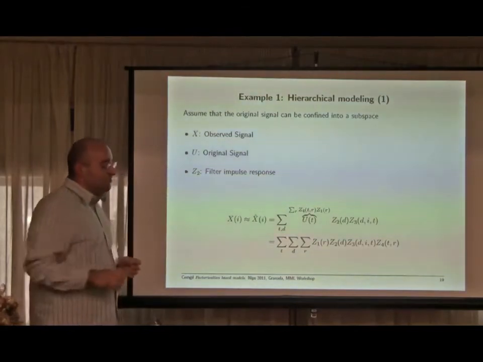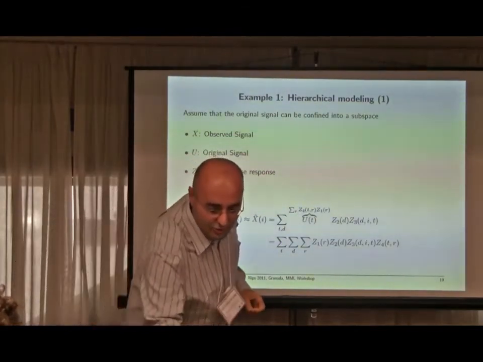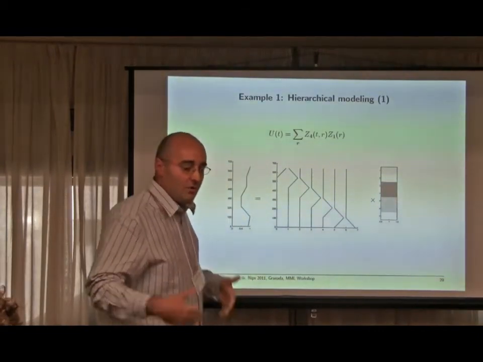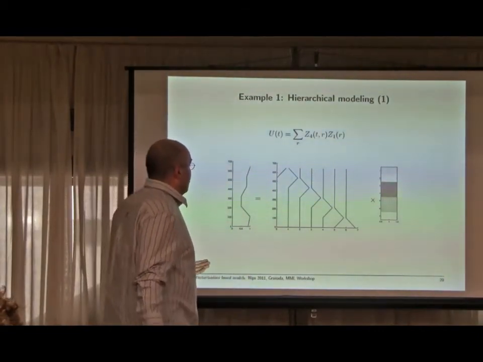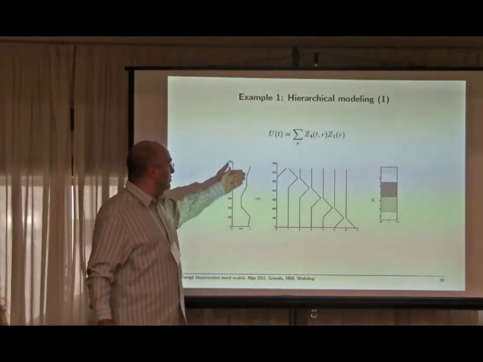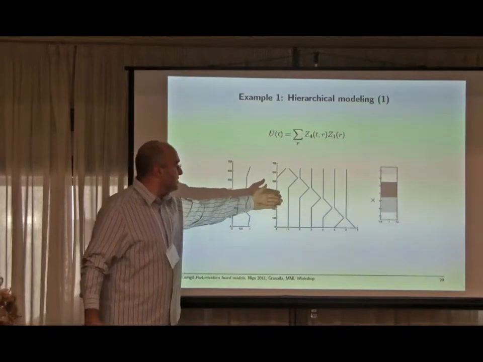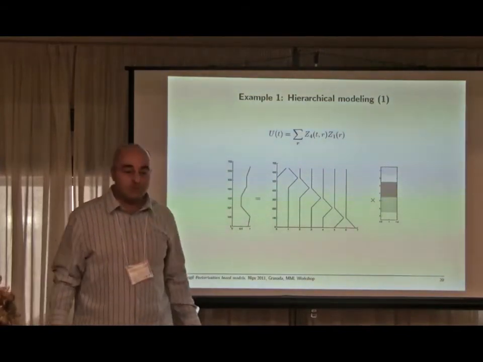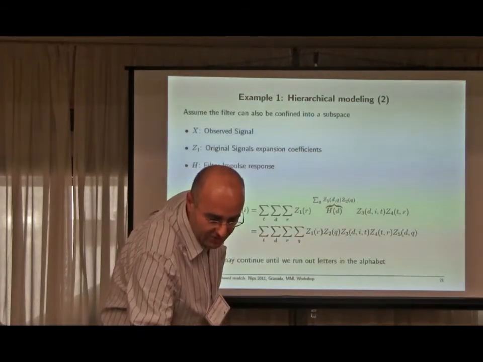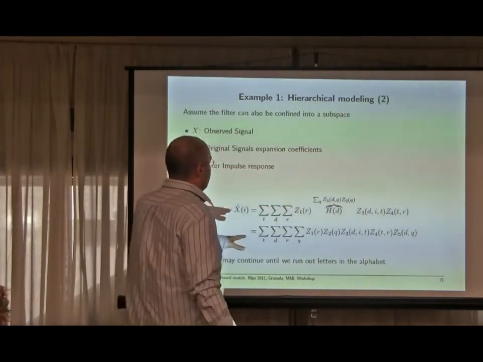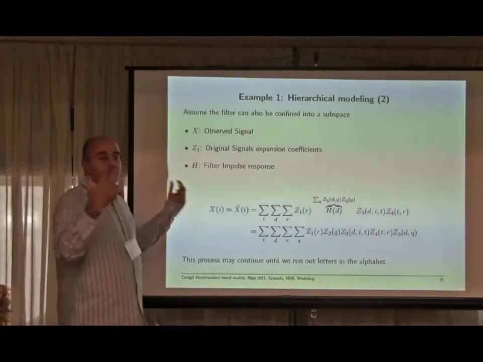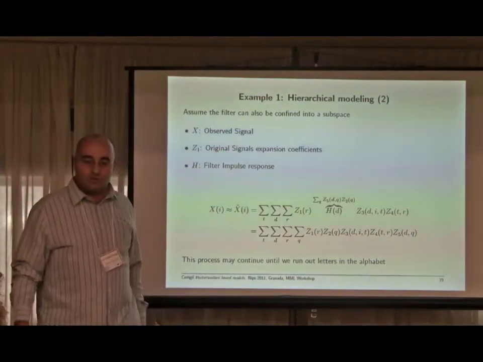So already the model becomes slightly more difficult, and you can do the same thing to the filter, etc. This is an example of how a smoothness basis can be put, like here, this triangular basis, a spline basis. Basically, by just superposing such basis vectors, you can get a piecewise continuous signal. So this is a simple modeling idea. You can do the same trick over the filter coefficients, etc., and then get more and more complicated models over time.